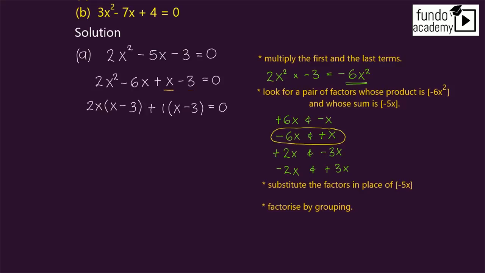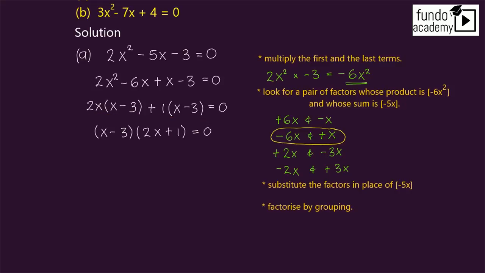And next, these two expressions have a common factor of x minus 3. So we factor out the x minus 3, and we divide x minus 3 into this expression, and we get 2x, and x minus 3 into this, then we get plus 1, and that will be equal to 0.